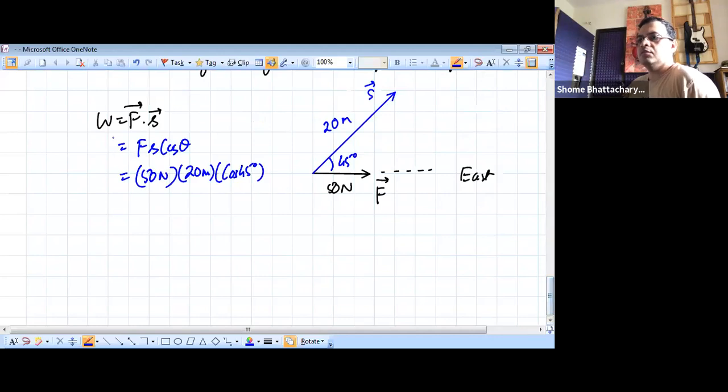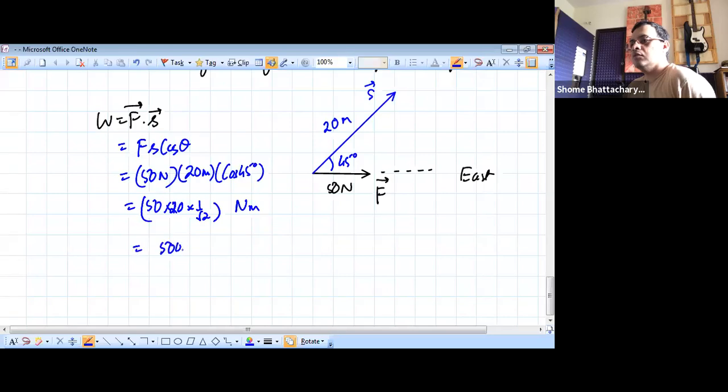So now you can see the work done here will become 50 into 20, that will become 1000 into 1 by root 2, and the unit is newton meter, which is the same thing as joules. So it's 500 root 2 newton meters or joules.